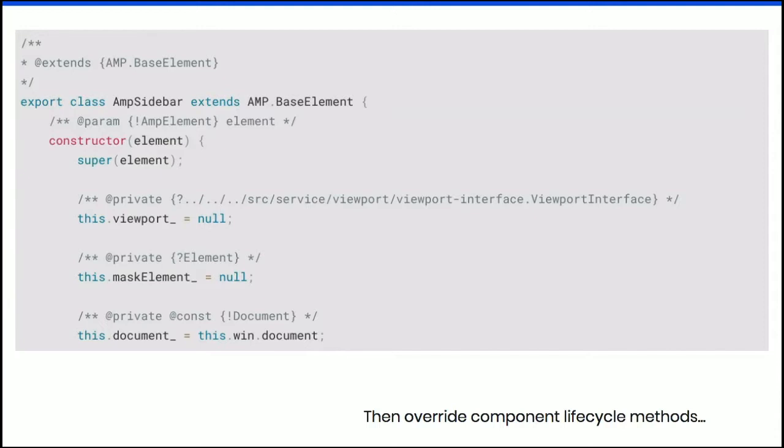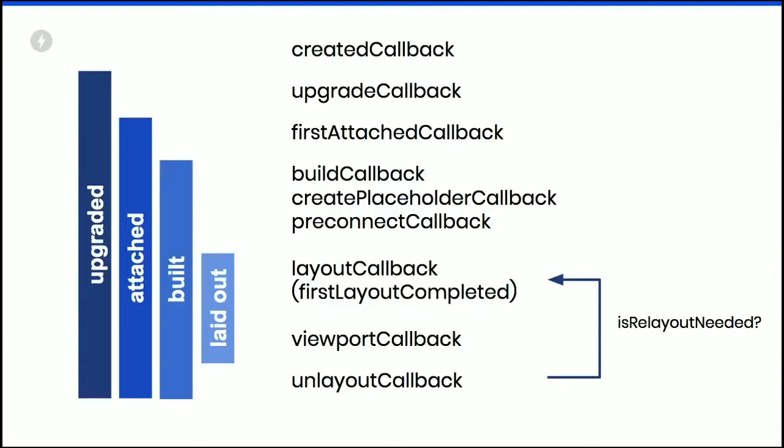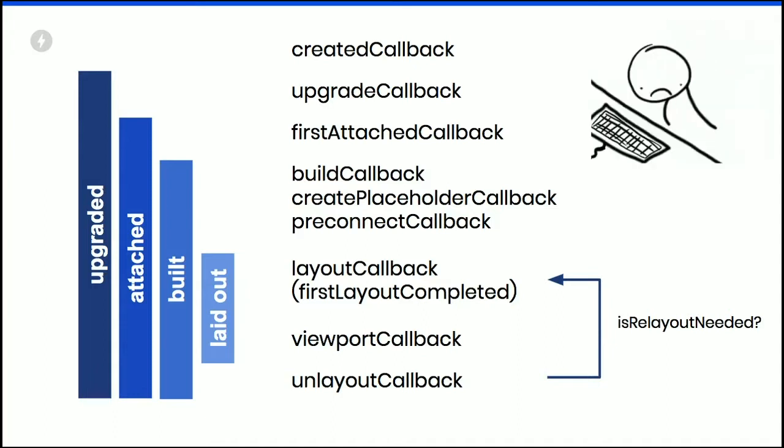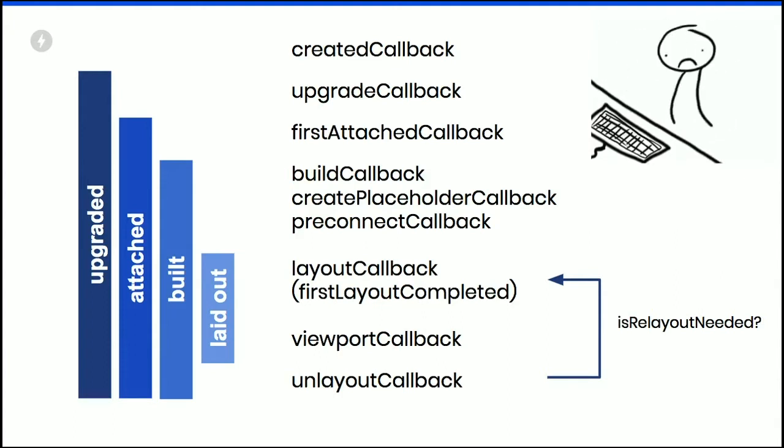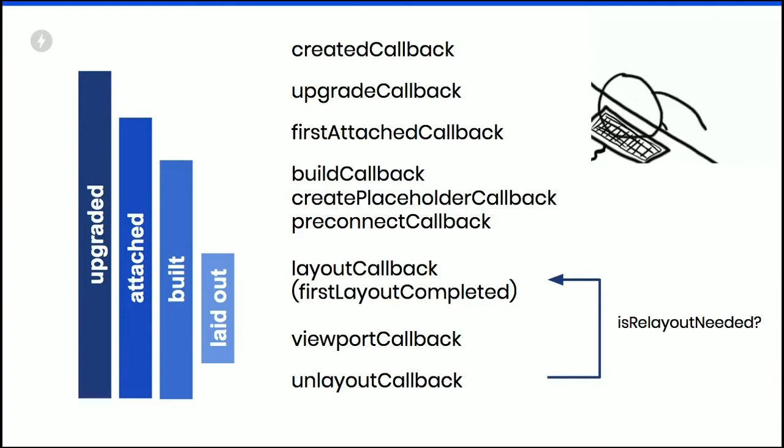So the next thing after this will be overriding the component lifecycle methods. And there are quite a few of them. To be honest, this is one of the things about AMP that definitely took me a while to digest. And sometimes it will make me feel kind of like this inside when I first take a crack at it. But the good news is most components only need to override a few of these methods.